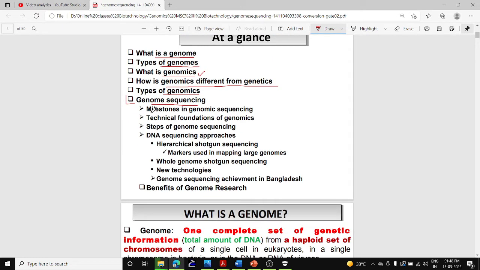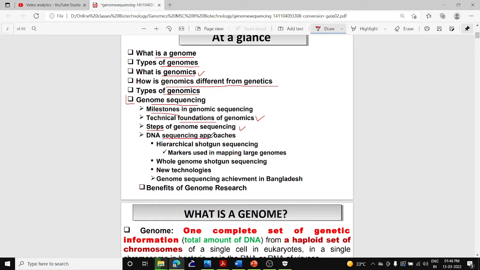Within that, we'll see the milestones in genome sequencing, then the technical foundations of genomics. That means what different techniques and methodologies we can use to sequence the whole genome. Within that methodology, different steps are there, and we are going to see those steps also.